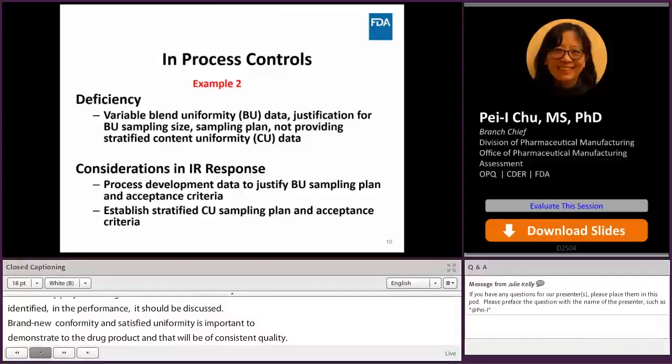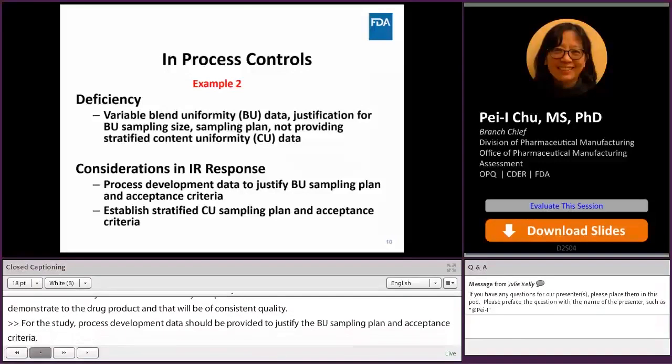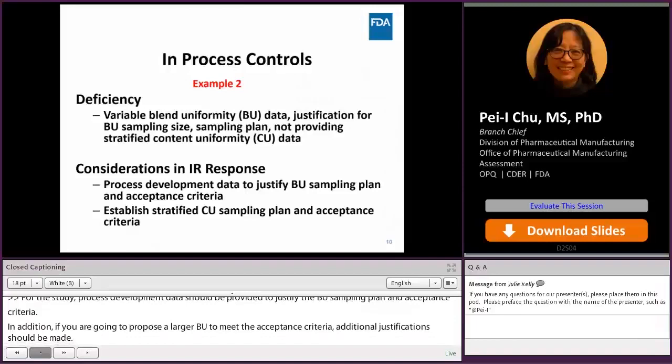In addition, if you are going to propose a larger BU sampling size to meet the BU acceptance criteria, additional justification should be made. And also, for a high-risk product, a stratified BU sampling plan and acceptance criteria may also be needed for the commercial batch manufacturing.